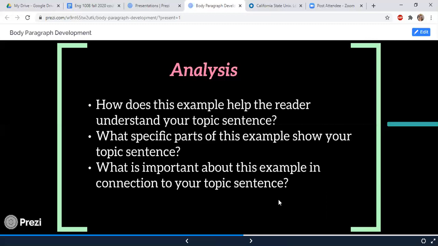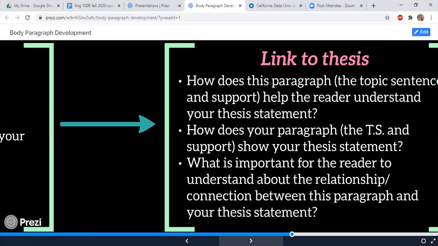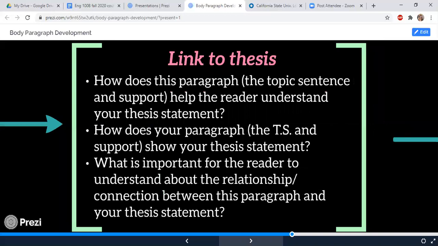What can someone learn about this quote, and how does it connect to your topic sentence? So the most important thing with analysis is making sure that it's very clear how it connects back to your topic sentence. And then we have link to thesis at the end, okay? So this is going to come at the end of the paragraph, okay?